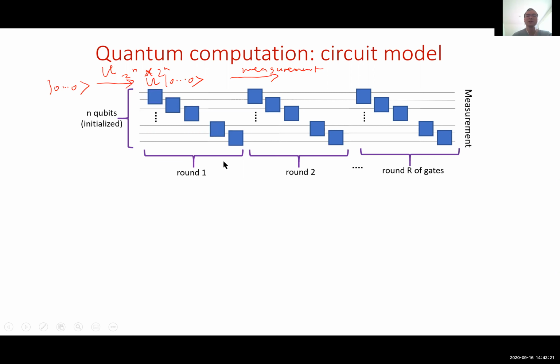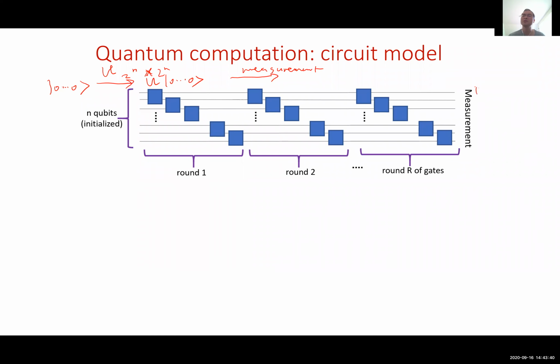And this is just an illustration. I separate those in a sequence of 2 qubit gates, and I call it round 1, and in the second round you can do similar applications, etc. But at the end, you measure the outcome.